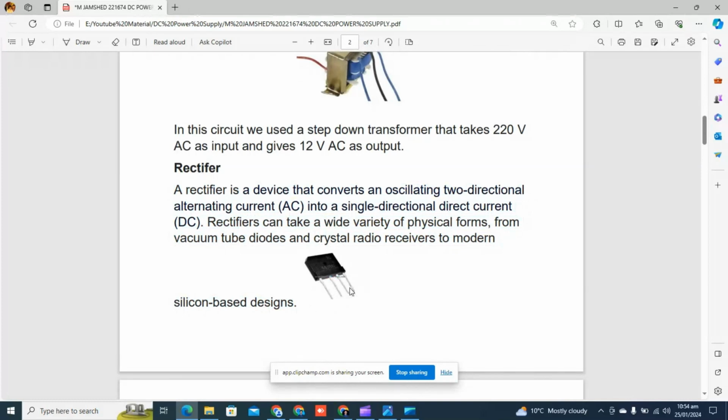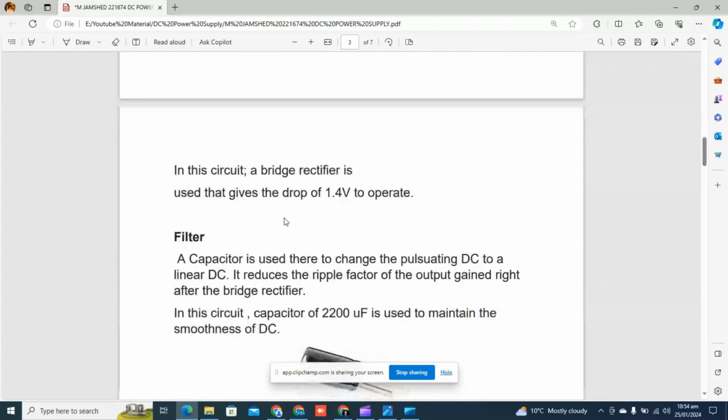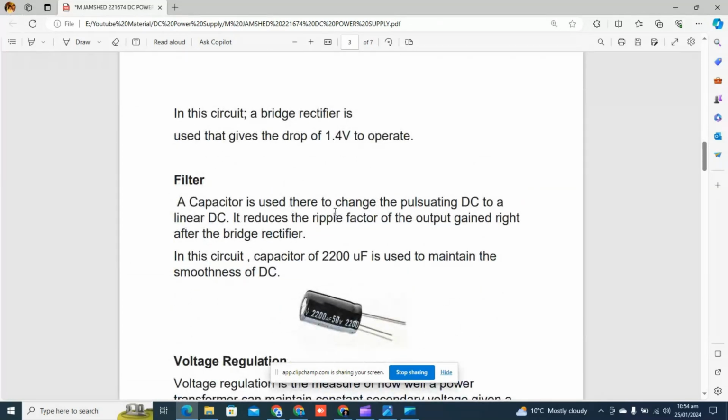This is a four terminal rectifier, of which two terminals are for AC inputs and two terminals are for DC outputs. DC outputs are specified as positive and negative on this IC. And then the filter capacitors are used to reduce the ripples and to make the whole circuit stable.